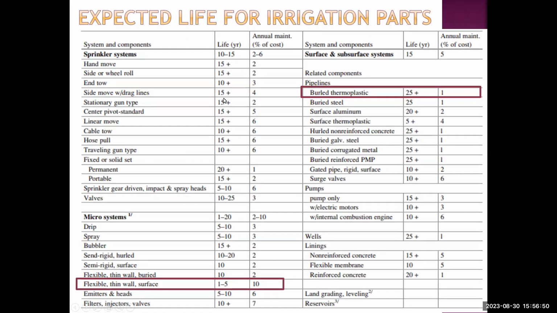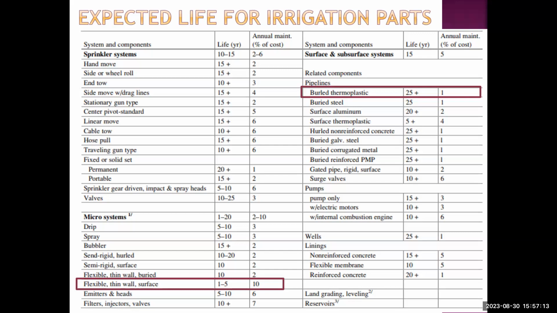Okay, so this list is from the NRCS, and it gives the expected life and the annual maintenance cost as a function of capital cost for different irrigation systems. So you can see here that the listed lifespan of PVC pipe, buried thermoplastic pipe, is 25 plus years.